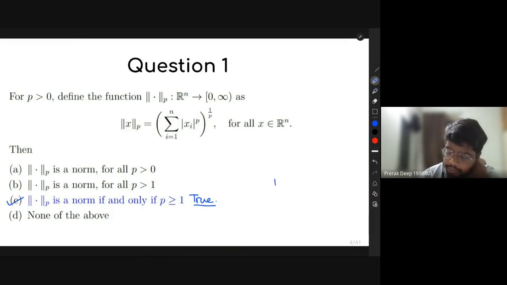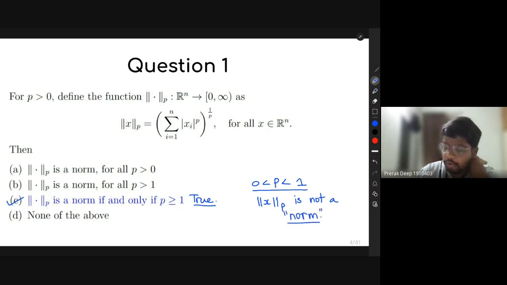In particular, when p is lying between 0 and 1, the above function must not give us a norm. So how do we say this is not a norm when p is between 0 and 1? We need to come up with an example which doesn't satisfy the norm property when we take p varying from 0 to 1.